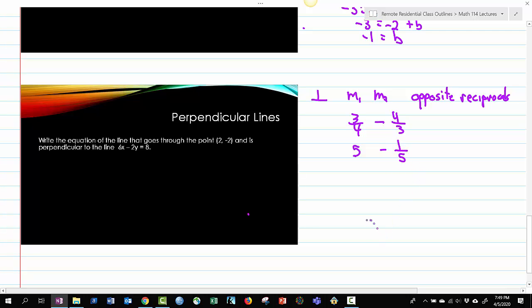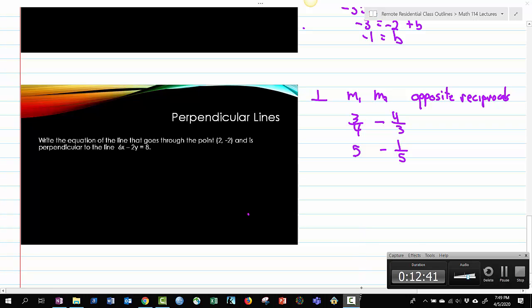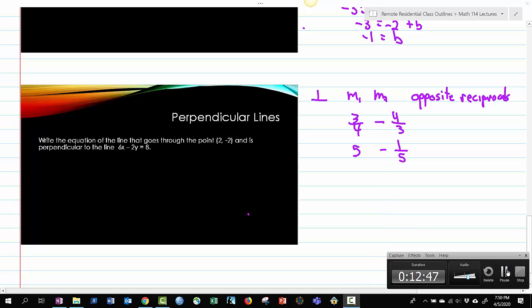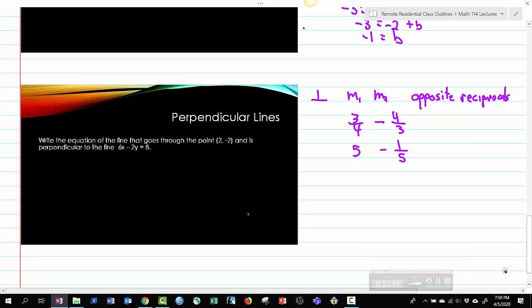Okay, so for this question over here, we want the line that goes through the point 2, minus 2 and is perpendicular to the line 6x minus 2y equals 8.